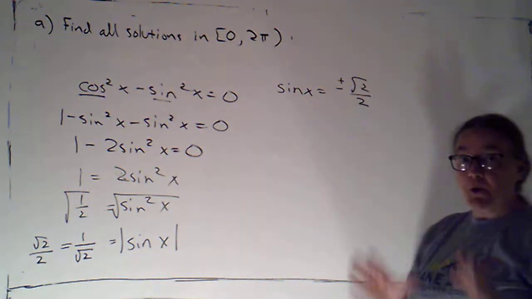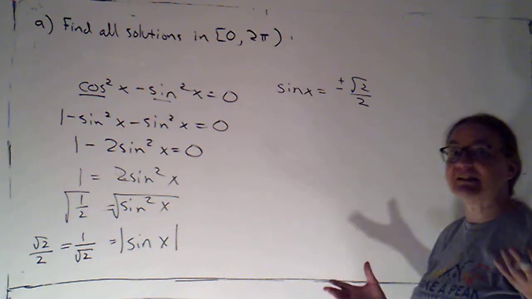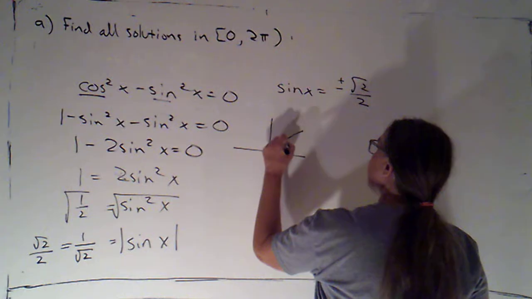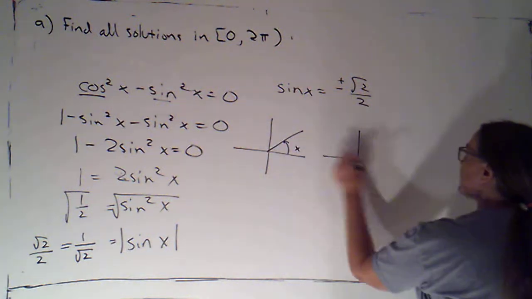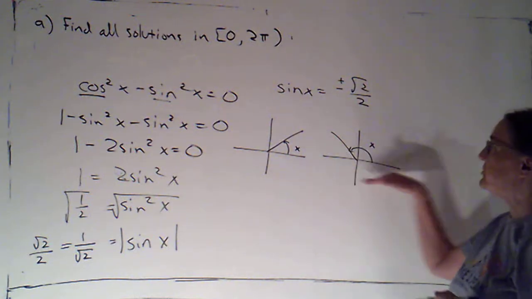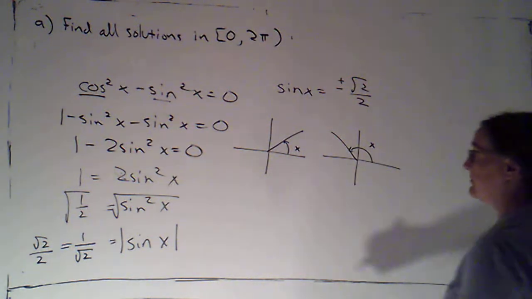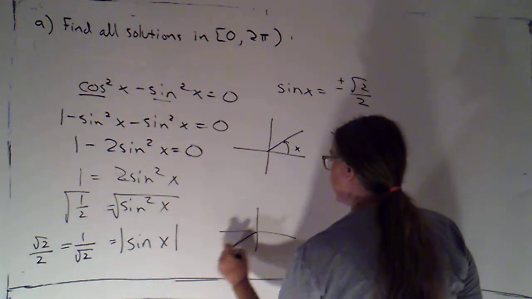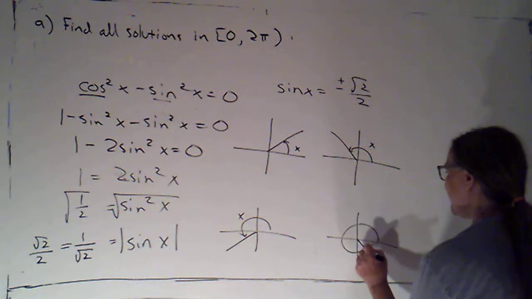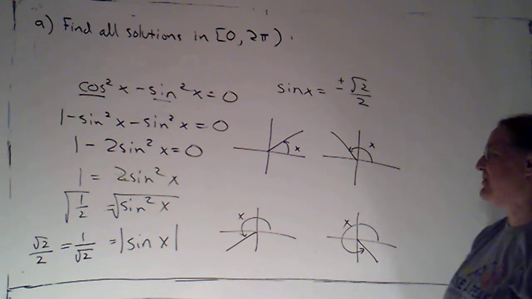Now, because I've got both the plus and the minus sign, I'm actually going to get a solution in every single quadrant. So in quadrants 1 and 2, where sine is positive, I'm going to have a solution to sine of x equaling positive root 2 over 2. In quadrants 3 and 4, where sine is negative, I'll have a solution to my other equation, sine of x is negative root 2 over 2.